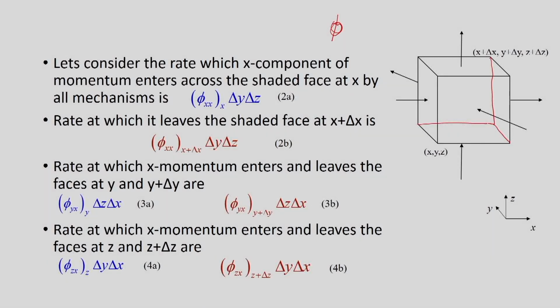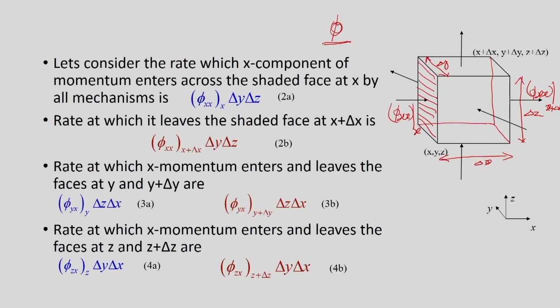This pi has both contributions, convection and molecular mechanism. Now the x component of momentum entering at location x would be pi xx at x multiplied by delta y delta z. Similarly, the x component of momentum leaving through the phase at x plus delta x is pi xx at x plus delta x.